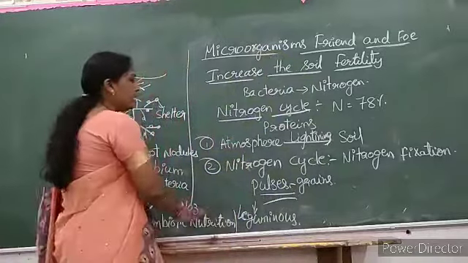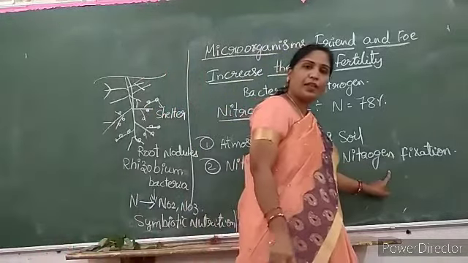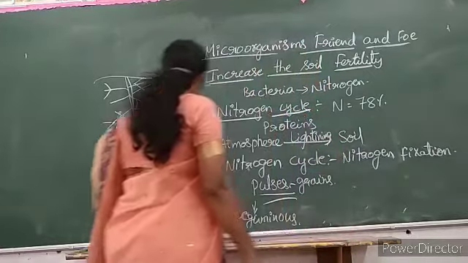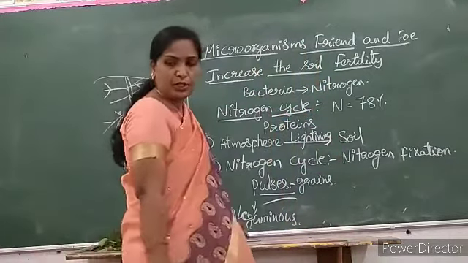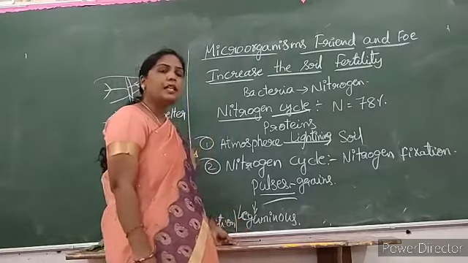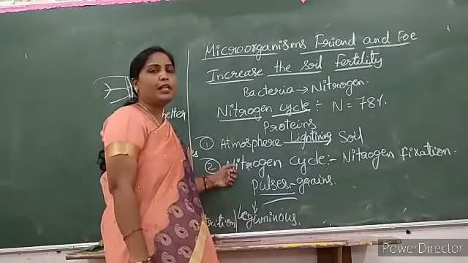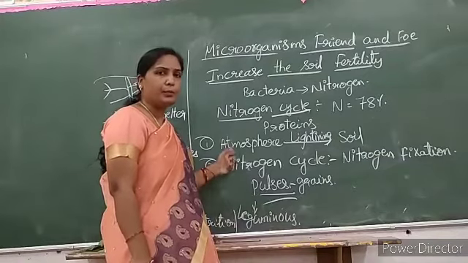So, up to here, that is how nitrogen gets fixed in the soil. You understood, right? Which microorganism is helping in this process? Rhizobium bacteria is helping in this process.